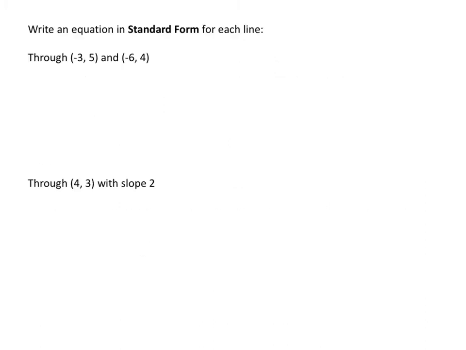To get started, we're going to write the equation in standard form for the line that goes through these 2 points. First thing I need is a slope. Now, I know that m is negative a over b.